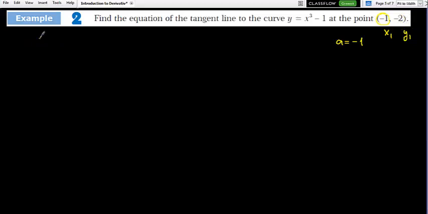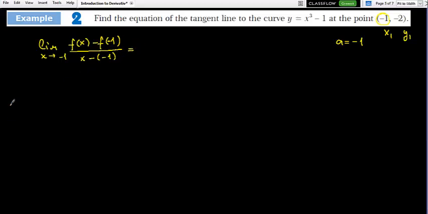We have to know that. The limit as x tends to a, minus 1, of f(x) minus f(minus 1) over x minus (minus 1).